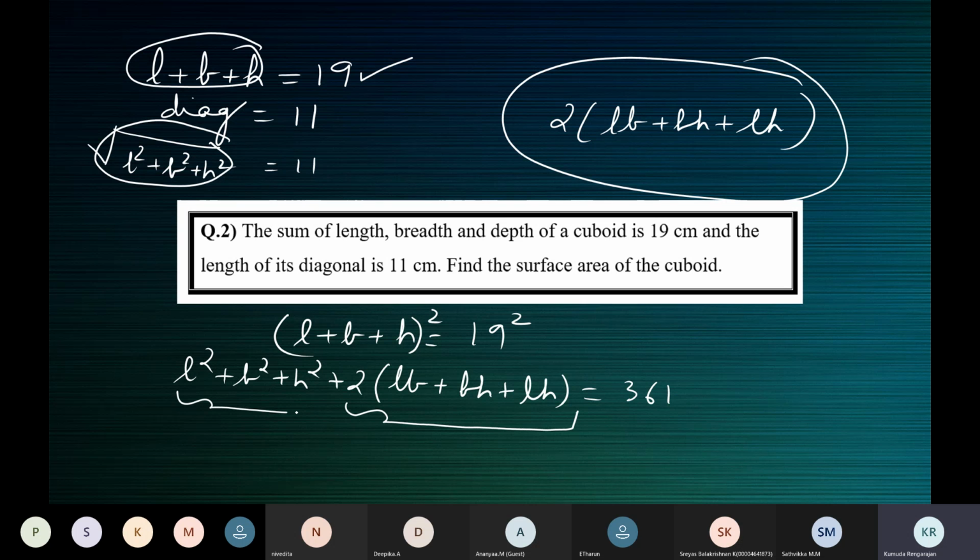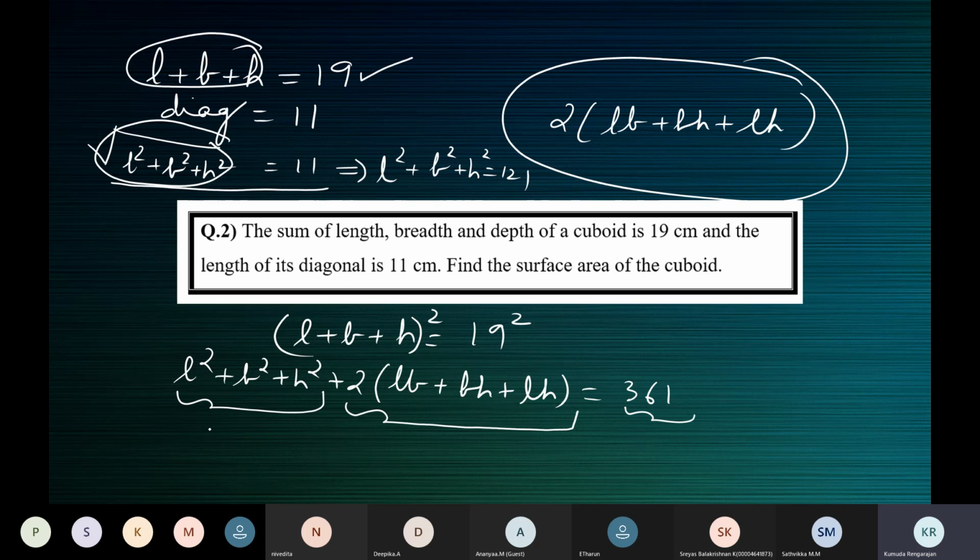Now we need to substitute the value of this expression. We know that root of L square plus B square plus H square is 11. When you square this on both sides, you get L square plus B square plus H square is equal to 121.